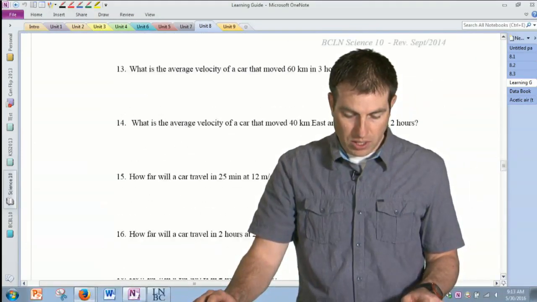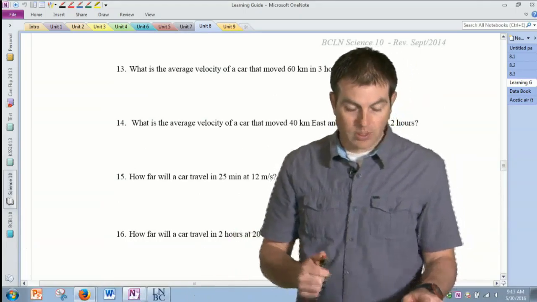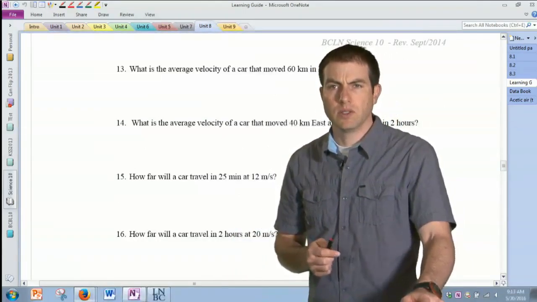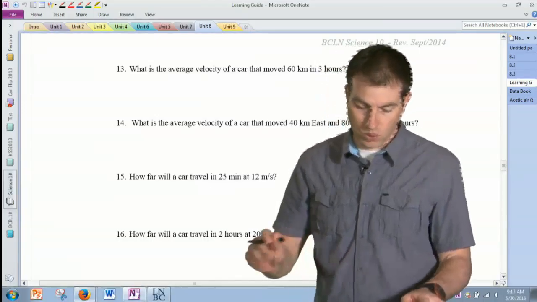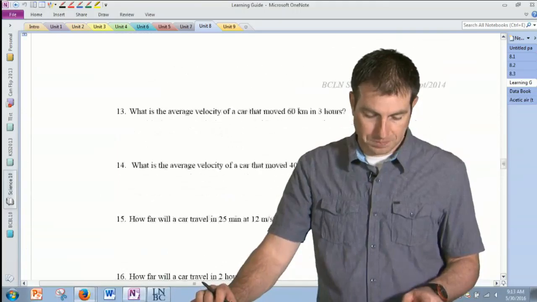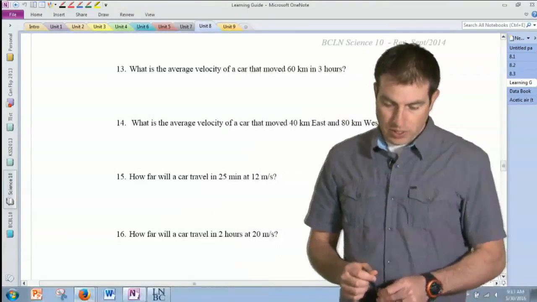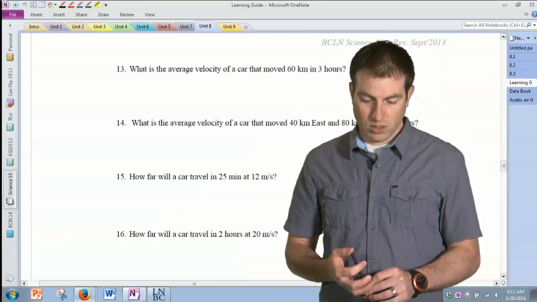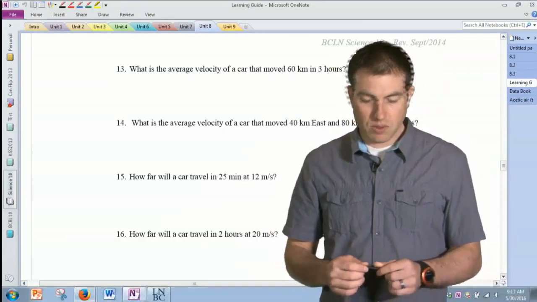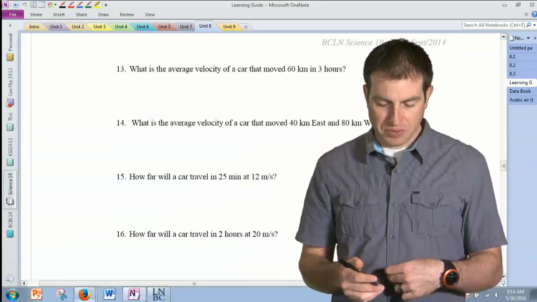What's the average velocity of a car that moves 60 kilometers in 3 hours? Okay, look at number 12 on page 4. All right, 13, 15. How far can you go in 25 minutes at 12 meters per second? I'll just give you the formula for 13, and then I'll do number 15 for you.